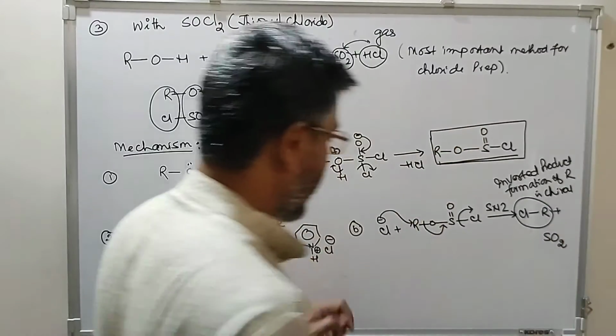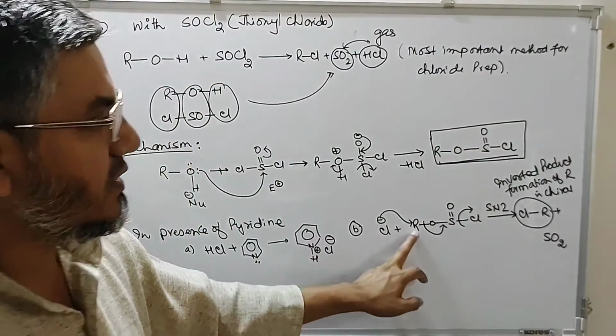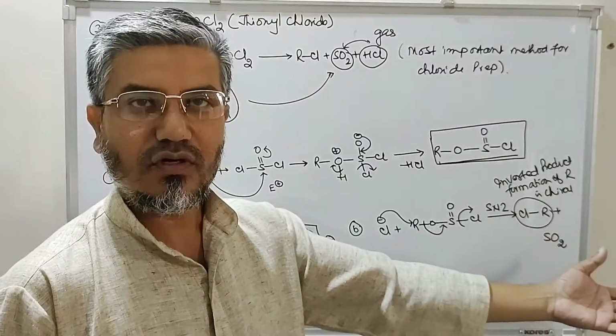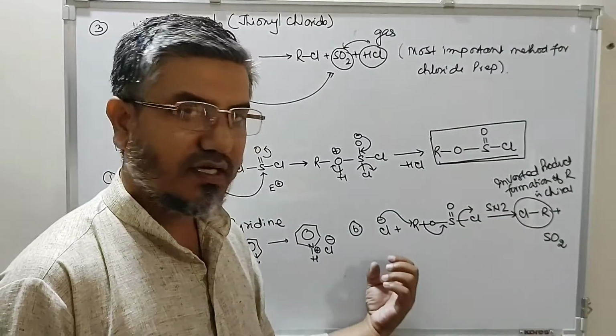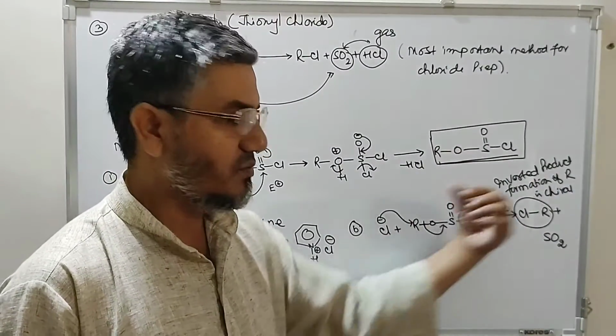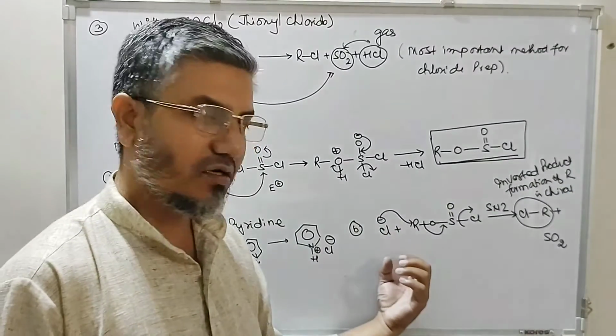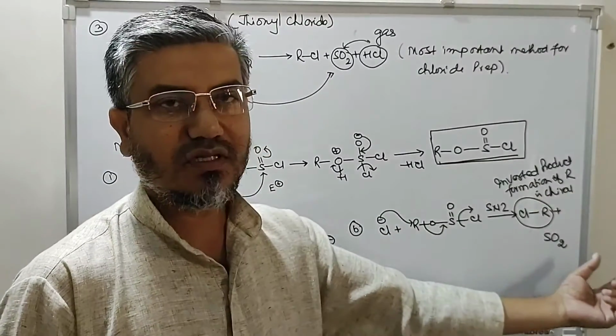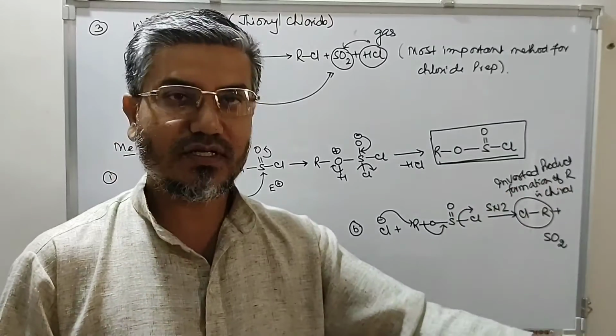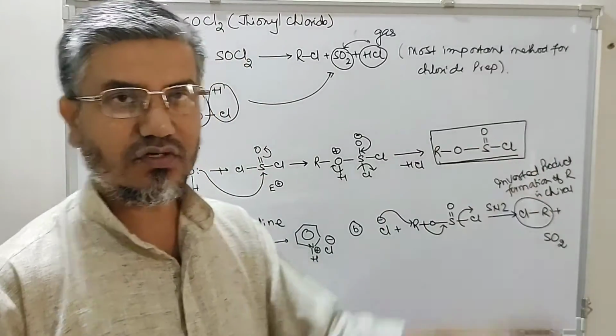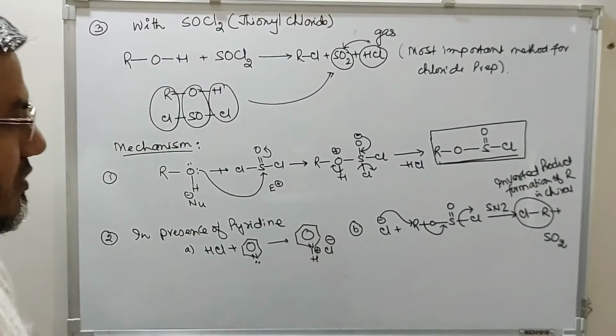And if R is attached to 4 different groups, then there may be inversion of product. It means if the starting compound is S configuration, the product will be R configuration. If the starting compound is R configuration, the final product will be S configuration. In RS nomenclature, this is the meaning of inversion of configuration or inverted product formation.